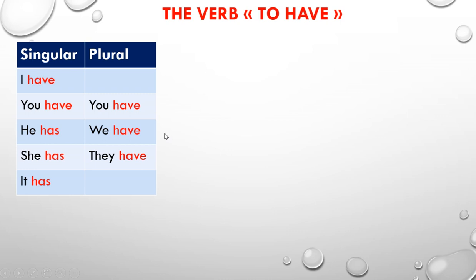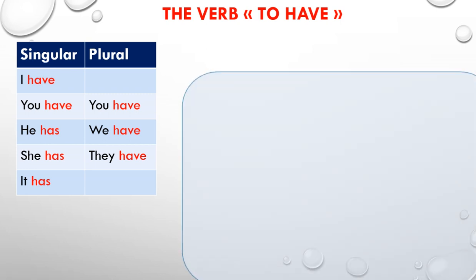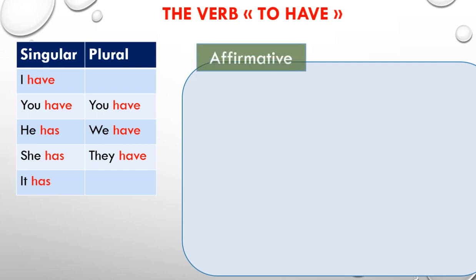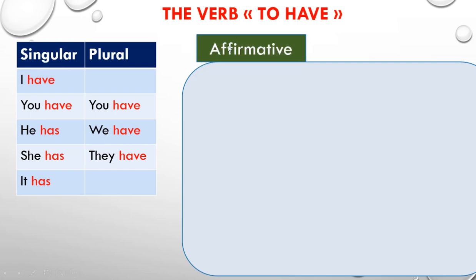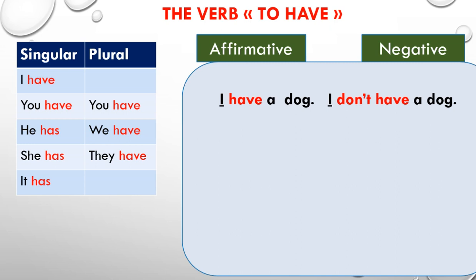Now let's see some examples. لنرى بعض الأمثلة في صيغتين. The affirmative form يعني الجمل المثبتة, the affirmative sentence, and the negative sentence والجمل المنفية.